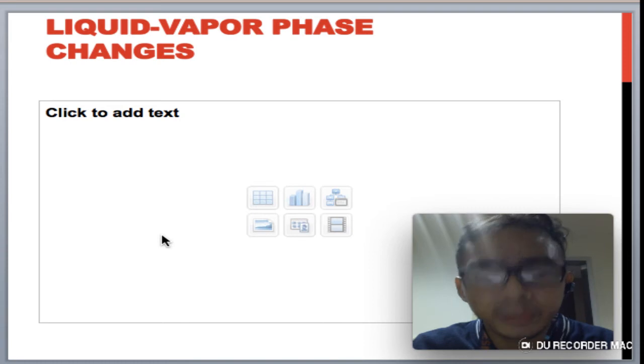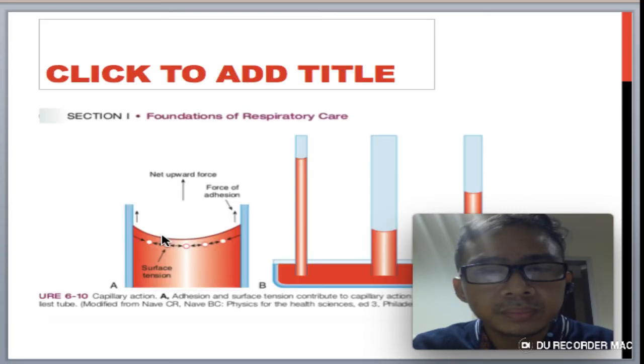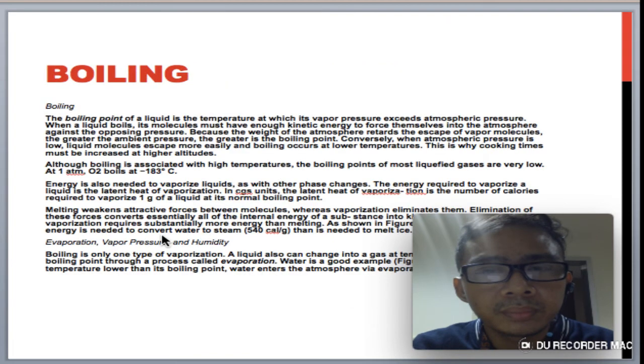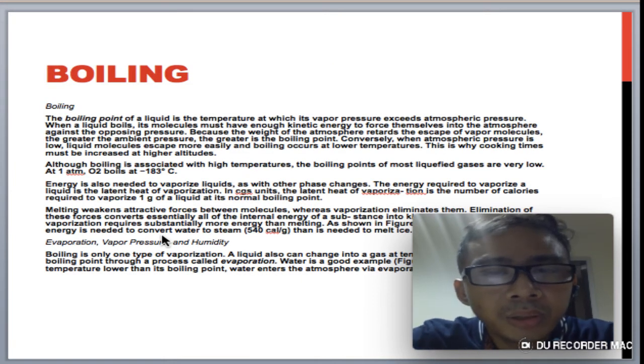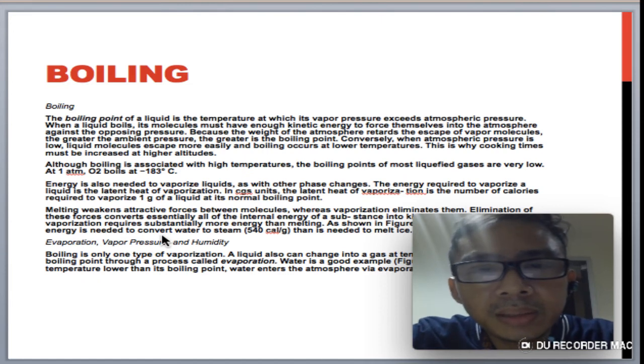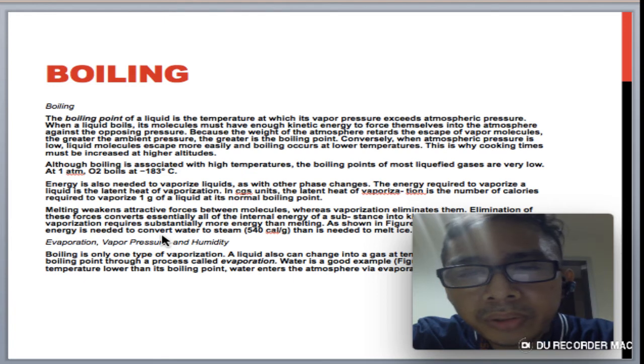Liquid vapor phase changes. Boiling. The boiling point of the liquid is the temperature at which the vapor pressure exceeds the atmospheric pressure.